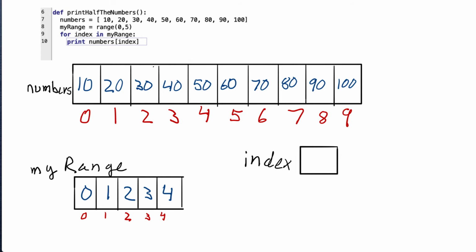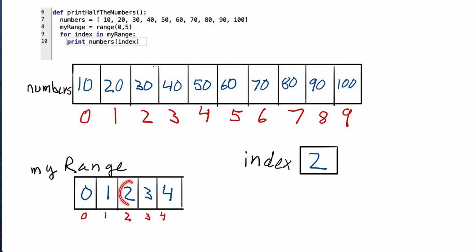Now we're going to move on to the next number, 1. And 1 is now going to become our index. And when we print our numbers based on that index, we're going to look up index, see that it's 1, and that's going to tell us to print 20.